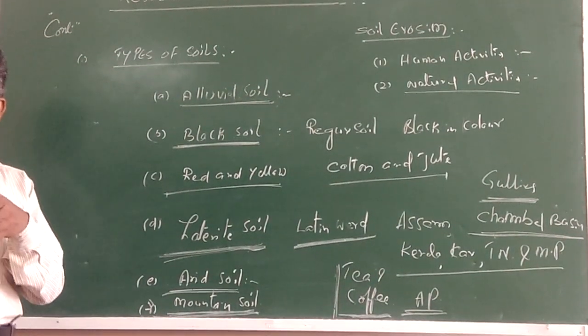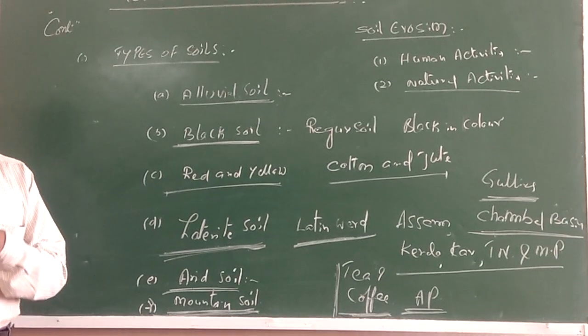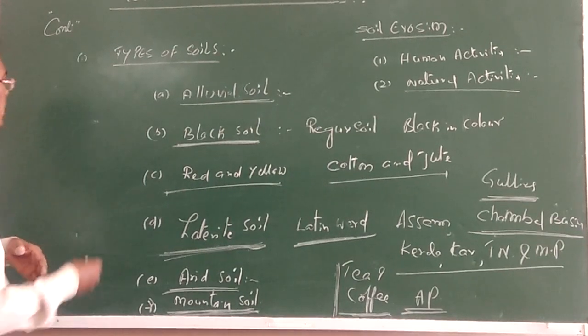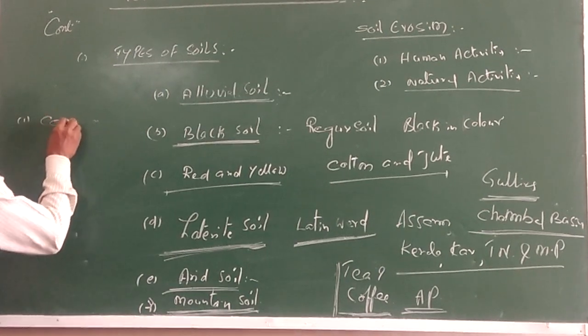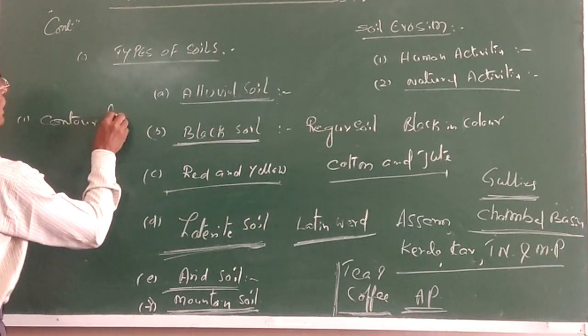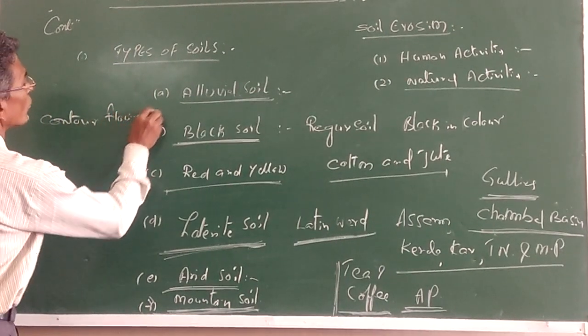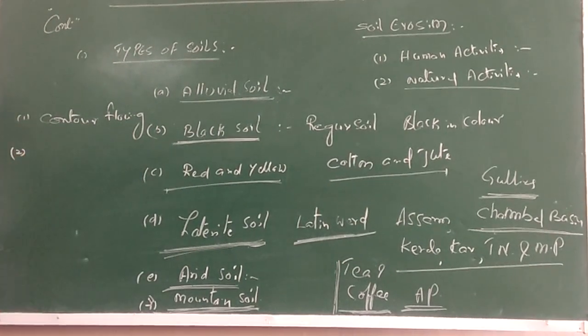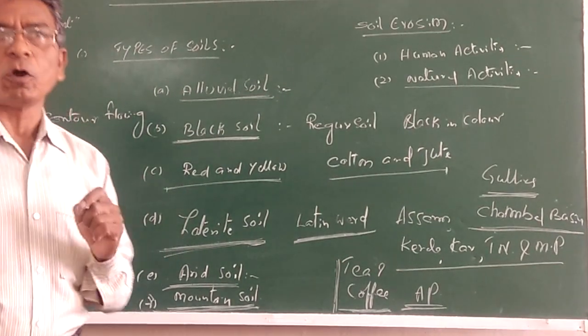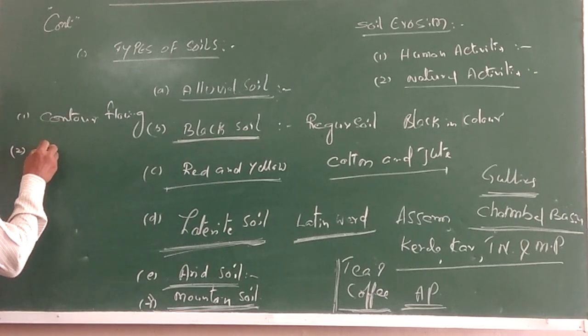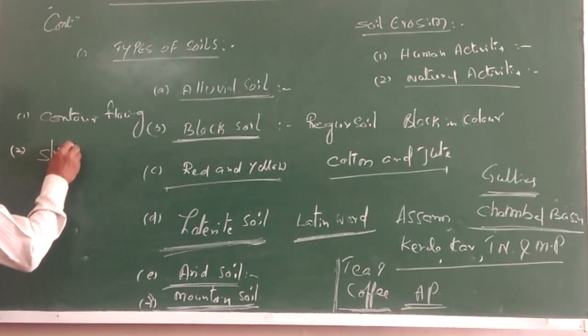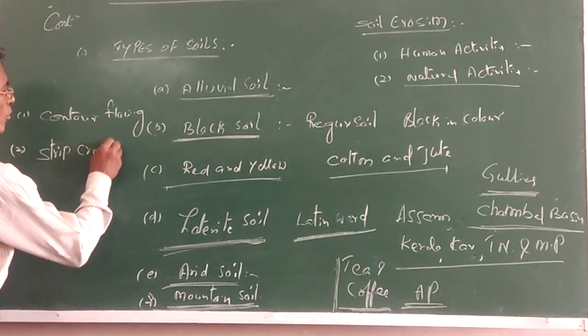By applying these 4 methods: number 1 is contour plowing. Number 2, strip cropping.